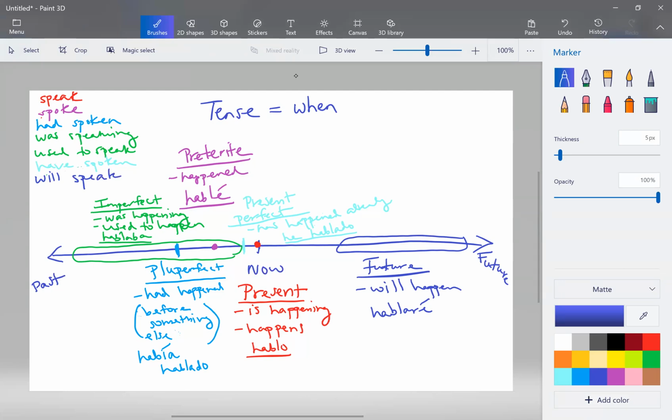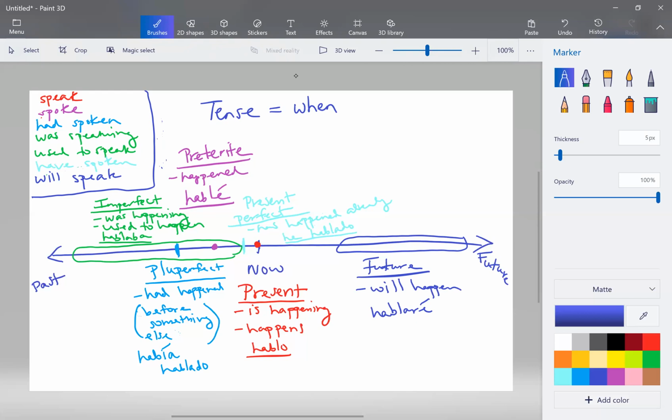And we're going to think of these six as concrete, even though the imperfect is still kind of vague. And why are we going to think of them as concrete? Does anyone know what a concrete idea is? Or a concrete event?